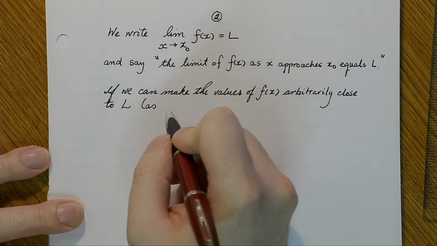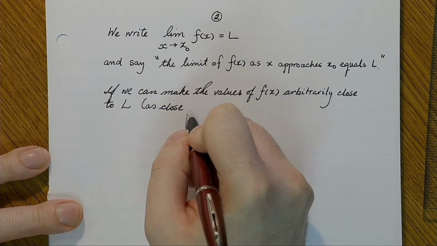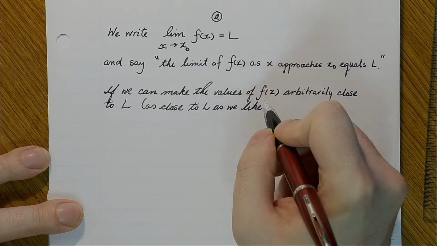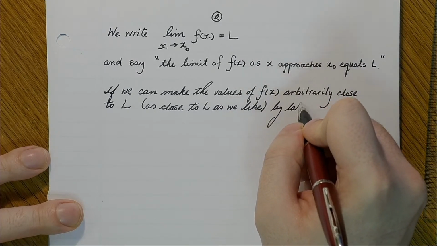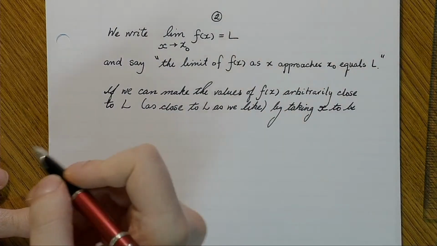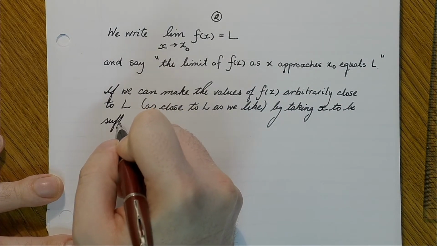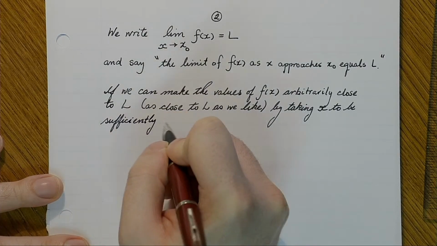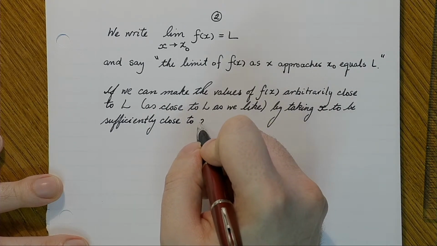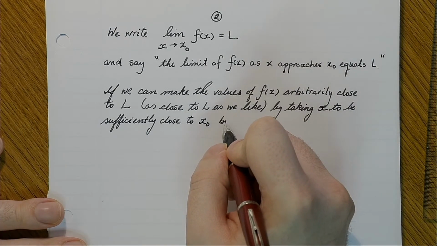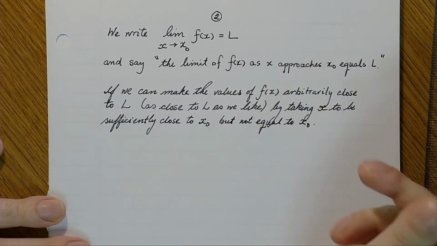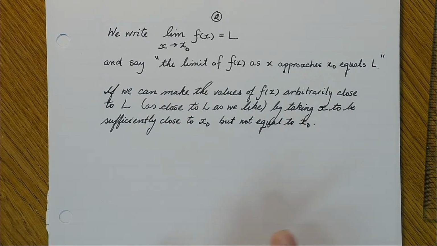So as close to L as we like, by taking x to be sufficiently close to x naught, but not equal to x naught.